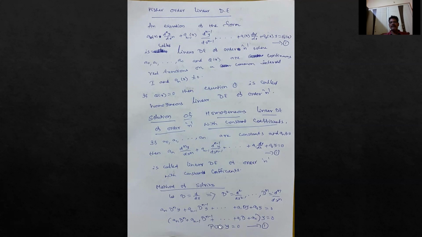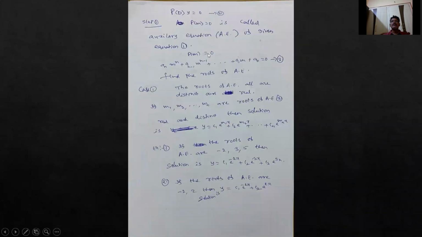Now if you take the whole of this as P(D) y = 0, where P(D) = a_0 + a_1 D and so on, a_n D^n. So here P(D) y equals 0.